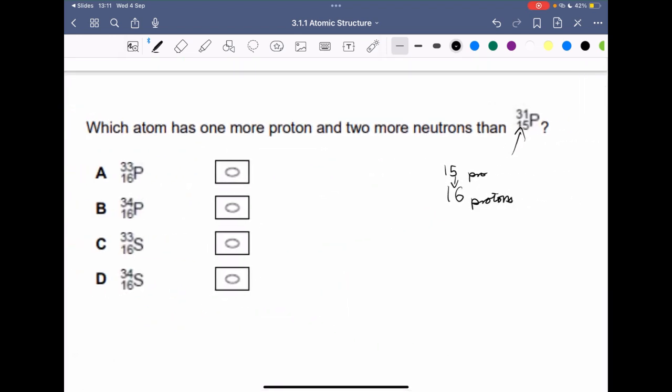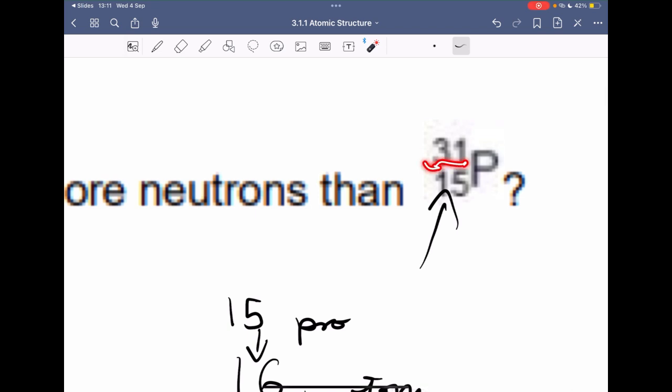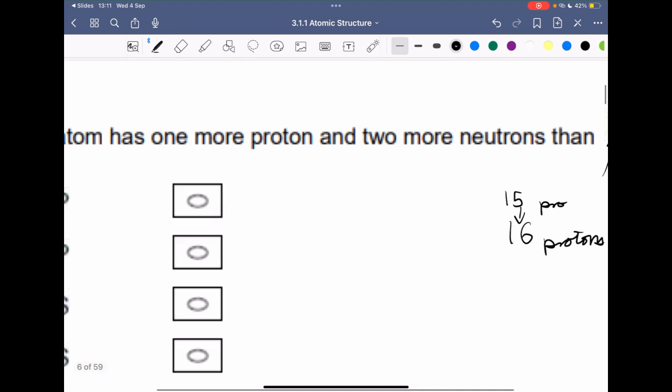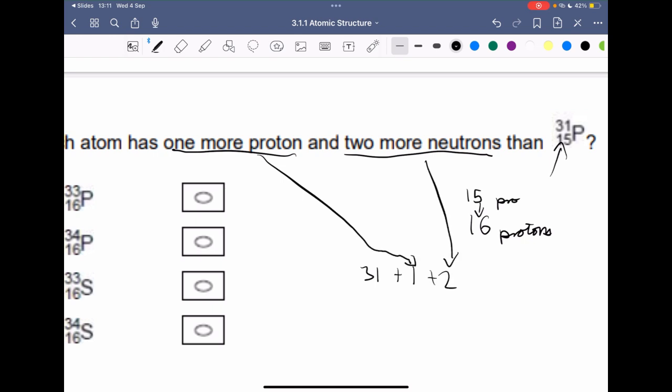So we have one more proton and two more neutrons. Now this big number here, 31, is the number of protons plus the number of neutrons. So if we add a proton, it's going to go up by 1. If we add two more neutrons, it's going to go up by 2. So we do 31 plus 1 because of this, plus 2 because of this.